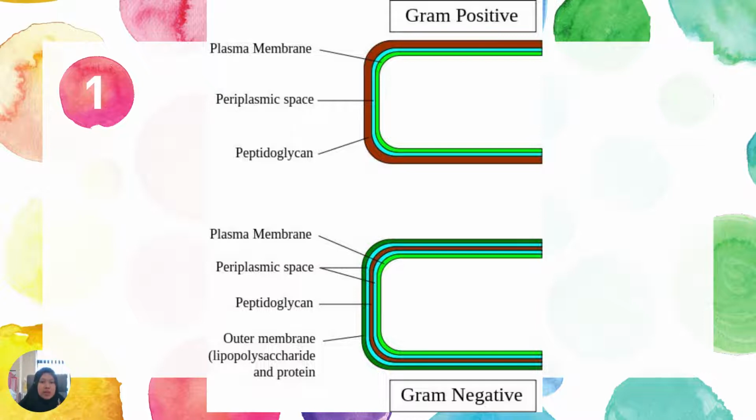You can compare the gram positive and the gram negative: the gram negative has the outer membrane, but the gram positive does not. These two structures will determine the result in the gram staining process, and that will show us later in the lab how to identify whether the bacterial sample that we have contains gram positive or gram negative bacteria.